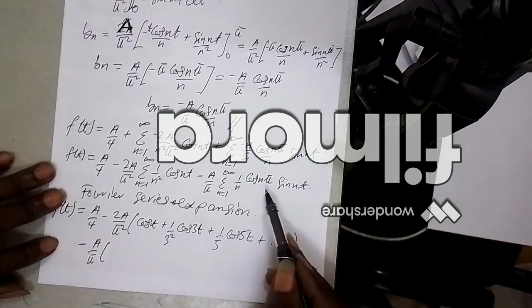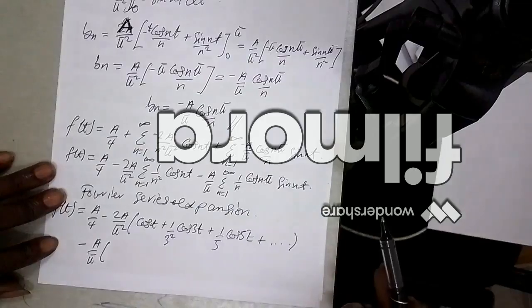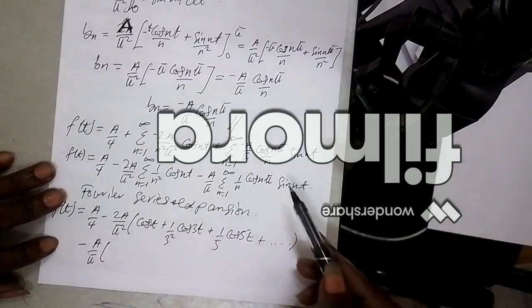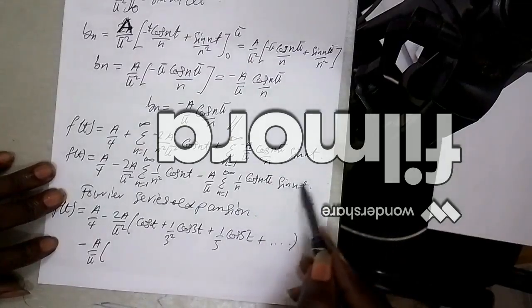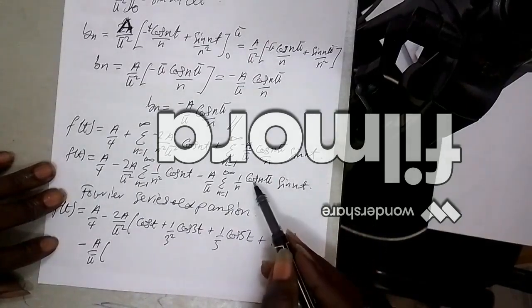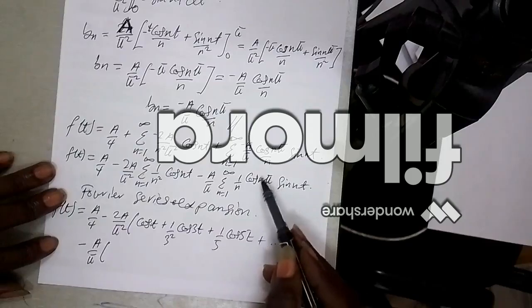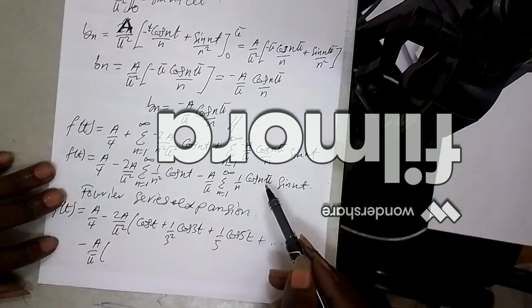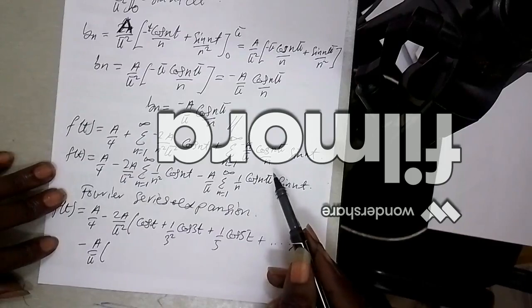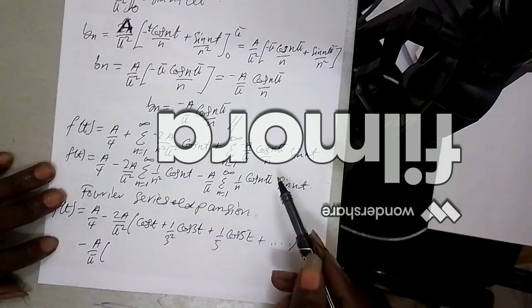Cos pi will actually give us minus 1. So it will be minus sine t. If we put in 2, cos 2 pi is positive 1.